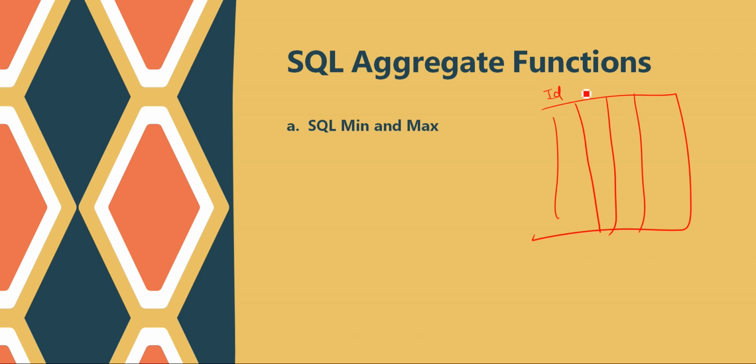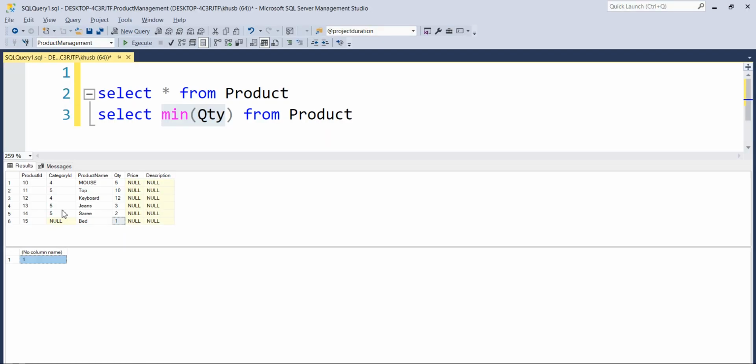So I want this column as an id, this column as a name, etc etc. But for this case, this minimum quantity doesn't have any column name, that's why it is showing no column name. So let's say I want to give a name to it, so I will write as minimum qty.